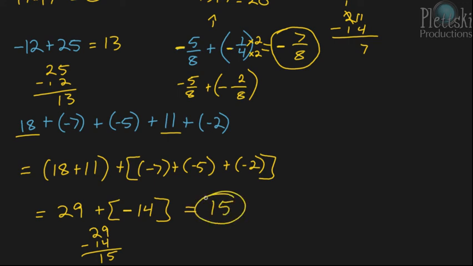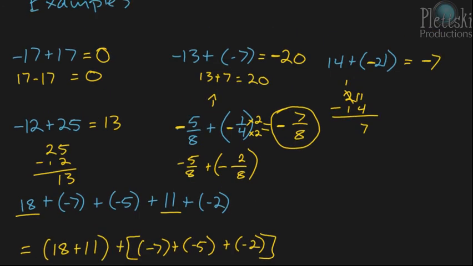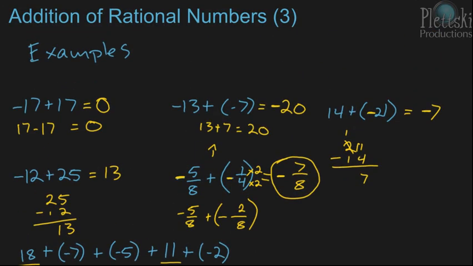Okay, well, I hope these examples and the previous lessons have helped you understand a little bit more about adding rational numbers. Just one other vocabulary term to throw at you, and that was shown in the first example that we did, and that's the negative 17 plus 17.